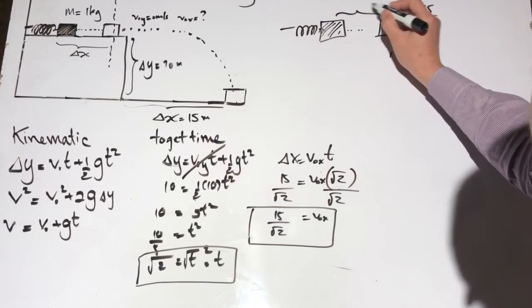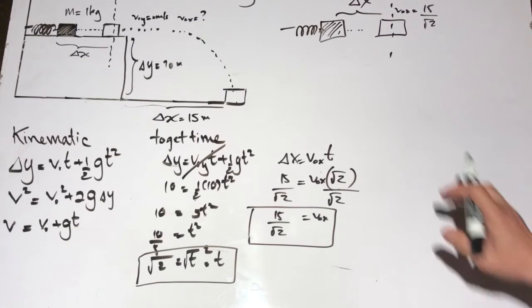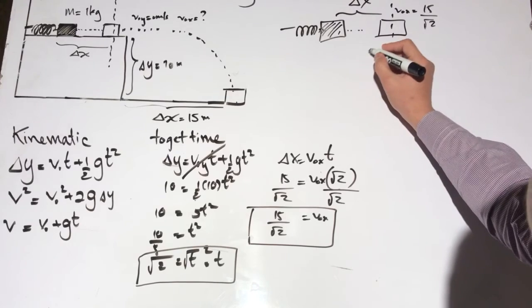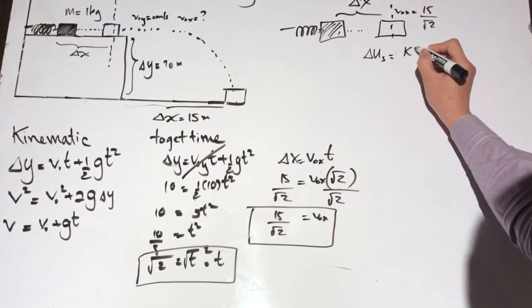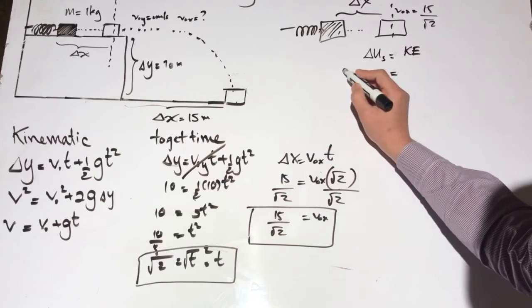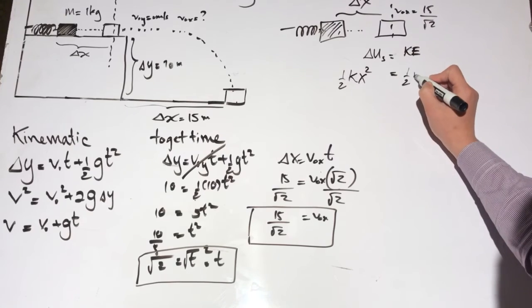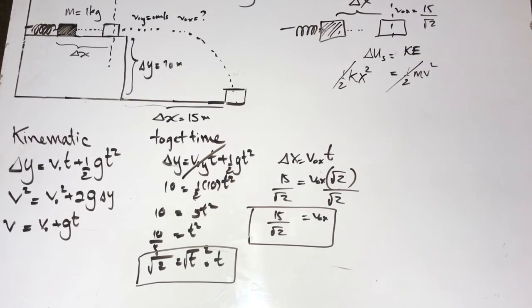But now we're trying to figure out the displacement that gives off that velocity. So you're going to have to use the concept that potential energy is equal to kinetic energy. So replace this with 1/2 kx squared equals 1/2 mv squared. Get rid of the 1/2 because it's the same term.